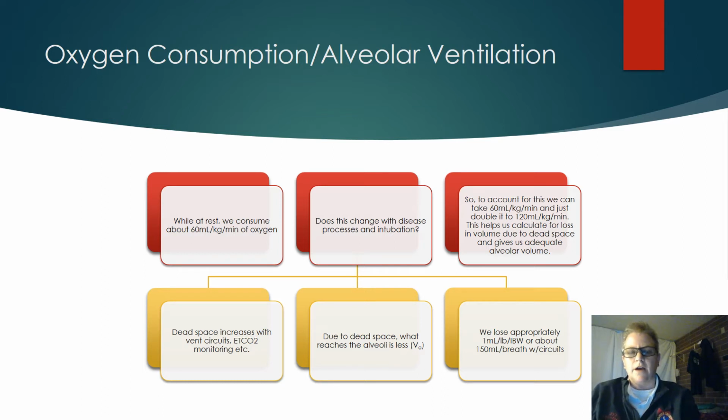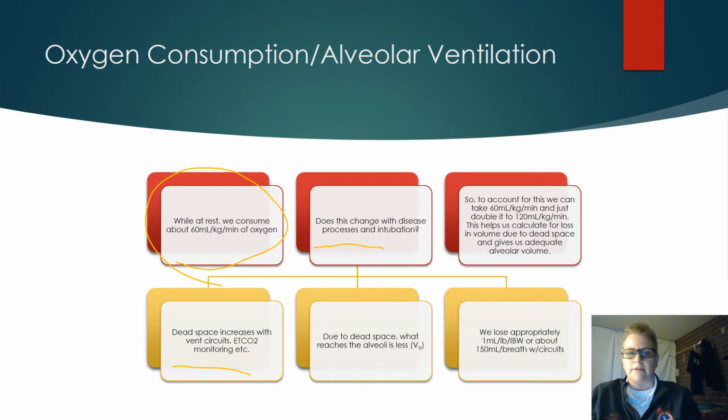Okay, oxygen consumption and alveolar ventilation. While at rest, we consume about 60 mils per kilogram per minute of oxygen, right there. So, does this change with being intubated and being put on a ventilator? Yes, it does. Our dead space increases.